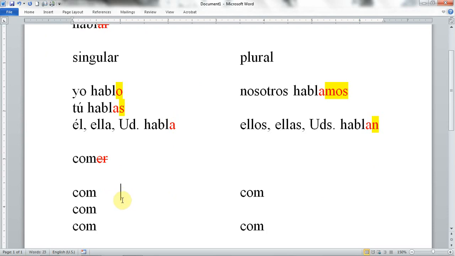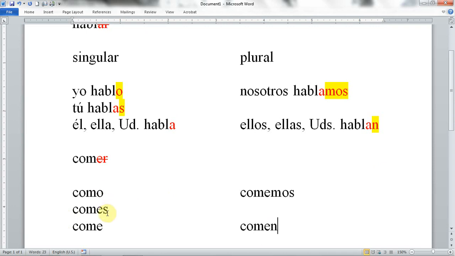Okay. And then this is going to have the same yo ending that most verbs have, como. Now we're going to see the E more here. Comes, this is an ER verb. Come, comemos, comen.